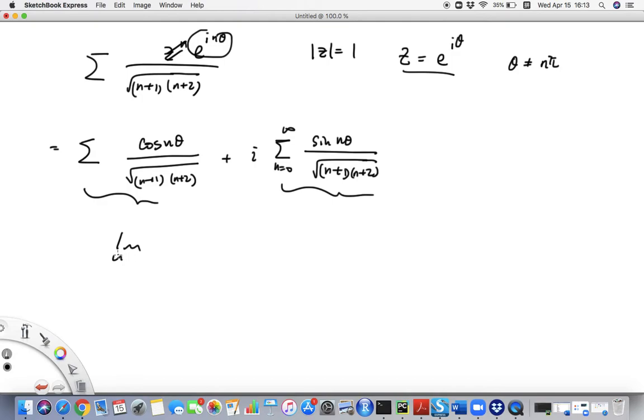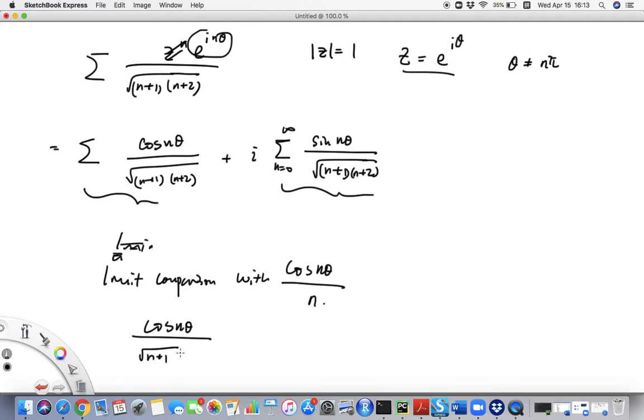Limit comparison of cosine n theta over square root of n plus 1 times n plus 2 with cosine n theta over n.